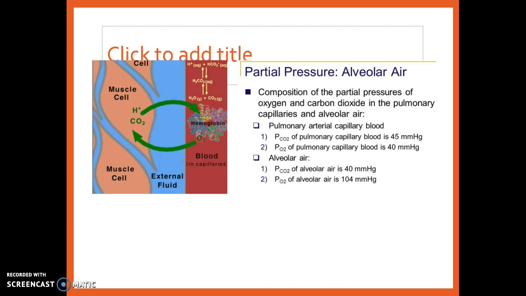And the reverse is true. If those muscle cells have a higher concentration of carbon dioxide than is in the blood surrounding them, the carbon dioxide will go down that concentration gradient and enter the bloodstream.